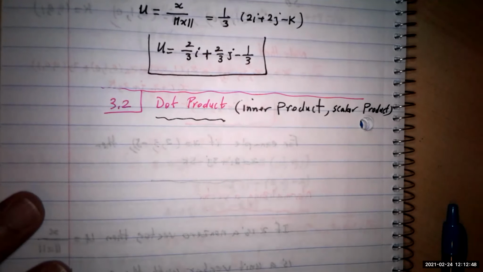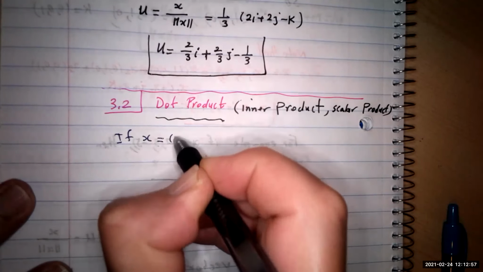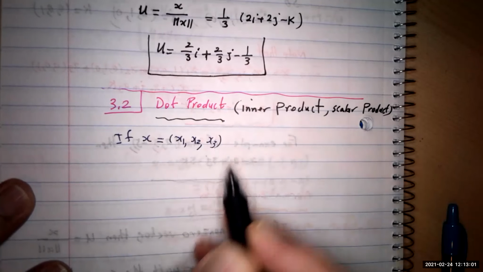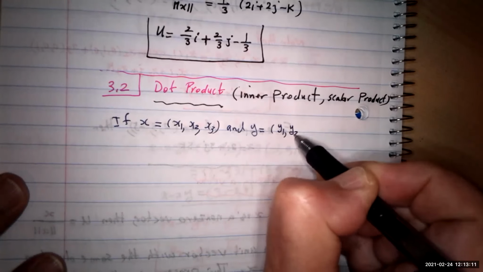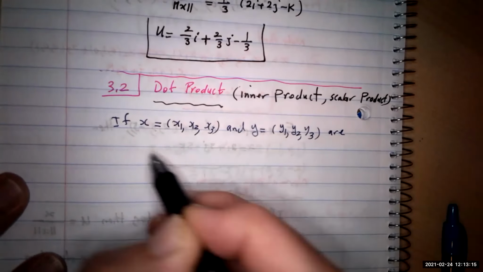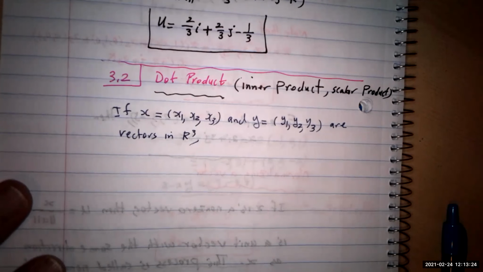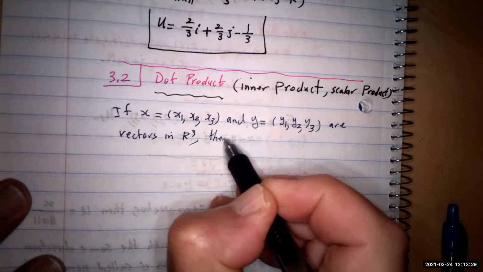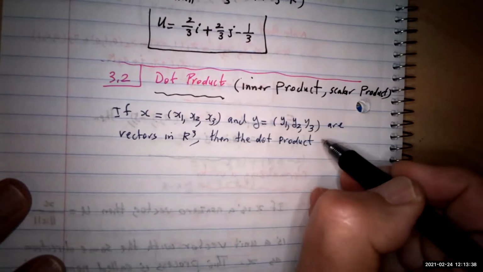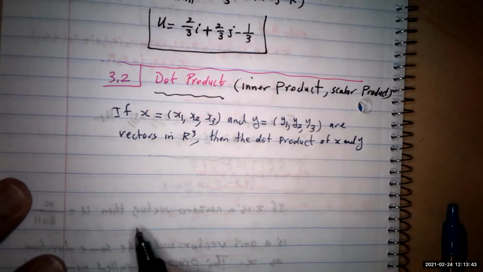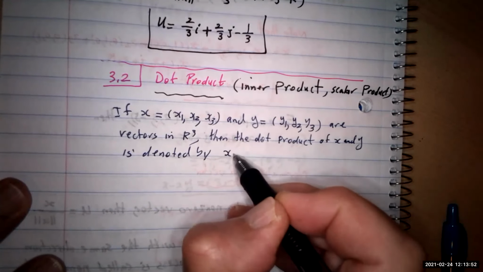So this is it. If two vectors are given to you, so if x equals x1, x2, x3, in three dimensions, and y equals y1, y2, and y3 are vectors in R3, then the dot product of x and y is denoted by x dot y.